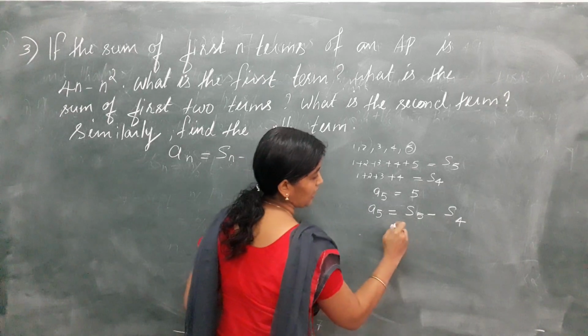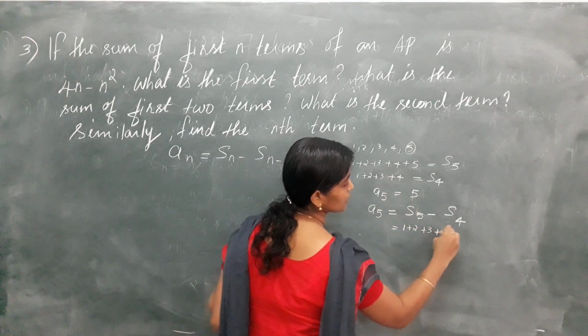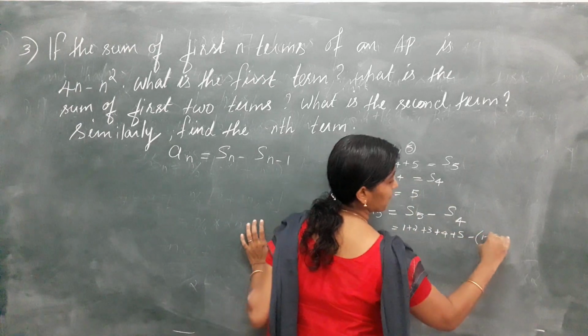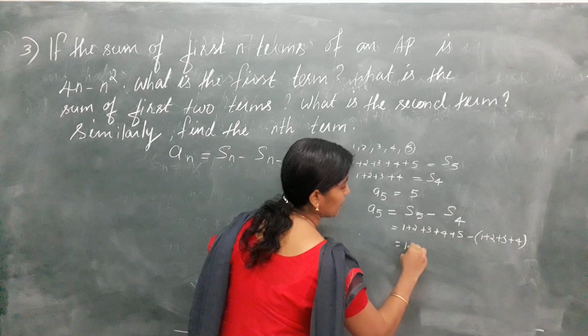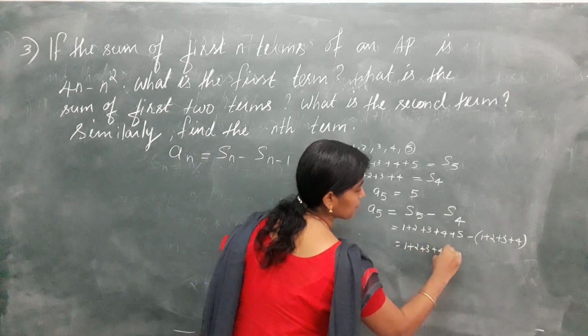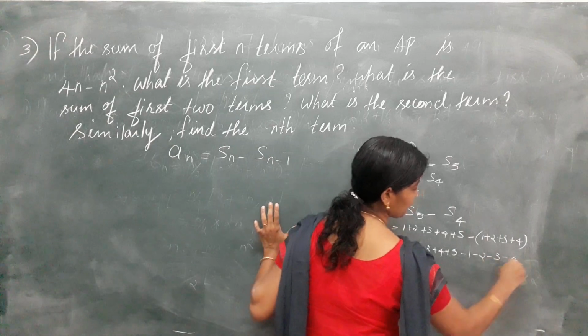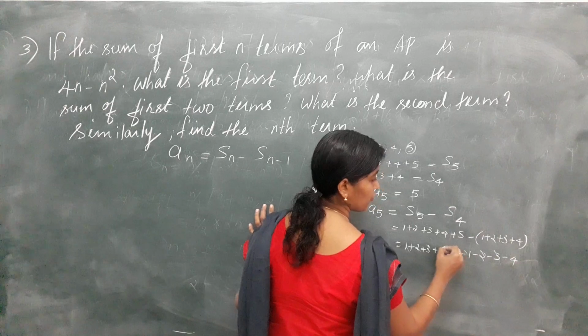That is, S5 we know it is 1 plus 2 plus 3 plus 4 plus 5 minus of 1 plus 2 plus 3 plus 4. When you remove the bracket, 1 plus 2 plus 3 plus 4 plus 5 minus 1 minus 2 minus 3 minus 4. So they get cancelled. 2 minus 2, 3 minus 3, 4 minus 4.